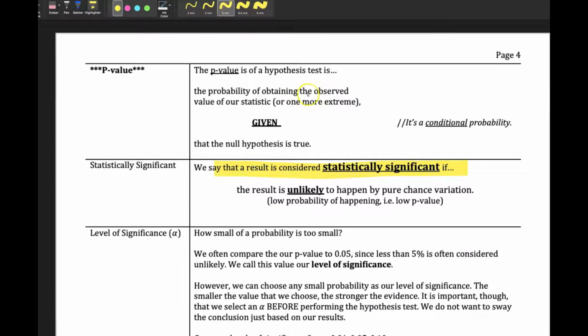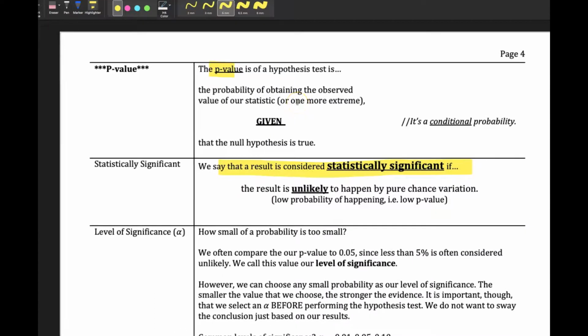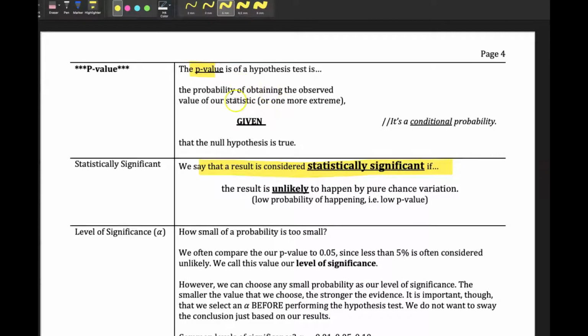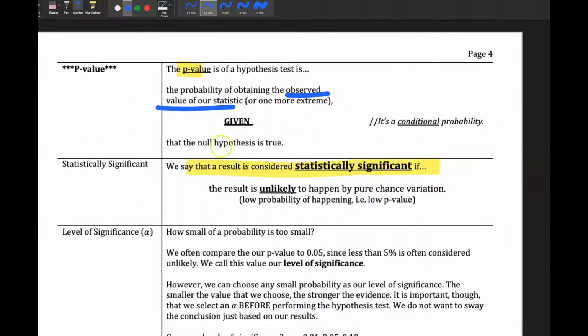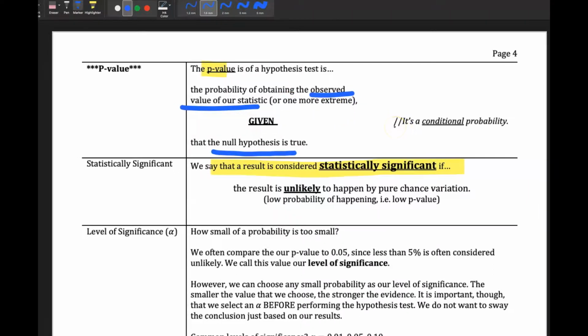So in this case here, once we calculate the p-value, we run a hypothesis test. That's the heart of the hypothesis test, obtaining this p-value. It's the probability of obtaining that observed value of our statistic, the evidence, that's what we're looking at here. This observed value of the statistic, what's the probability given that the null hypothesis is true? That's this p-value. It's a conditional probability situation.